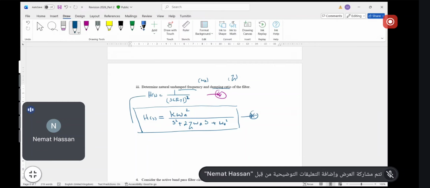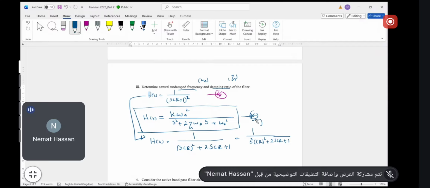So H of s is equal to 1 over SCR squared plus 2 times SCR plus 1, right? This is a quadratic expression expanded, which is equal to 1 over S squared times CR squared plus 2SCR plus 1. Still not the same, right?